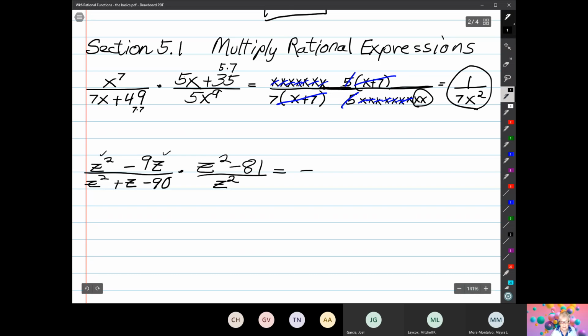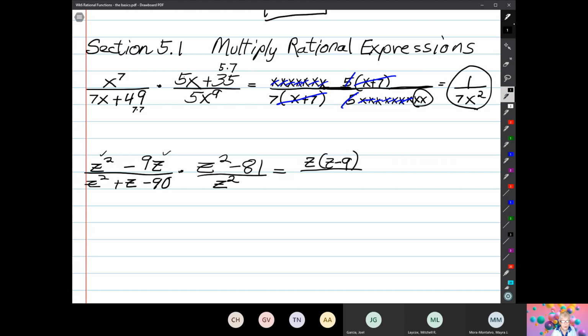So our first fraction factors as z times z minus 9. And our second fraction. Now this could be a little hard, but it's a negative number, so it's going to have one positive and one negative factor.